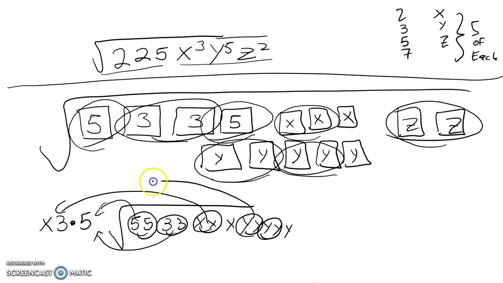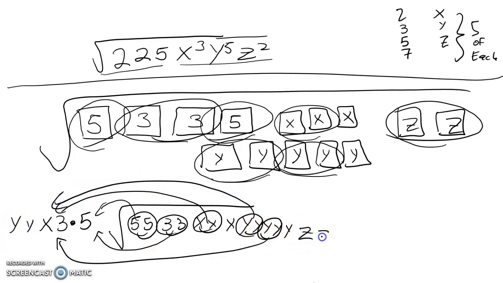My 2 pairs of y's will give me 2 y's on the outside, so y times y. And then my pair of z's will also give me a z out there.